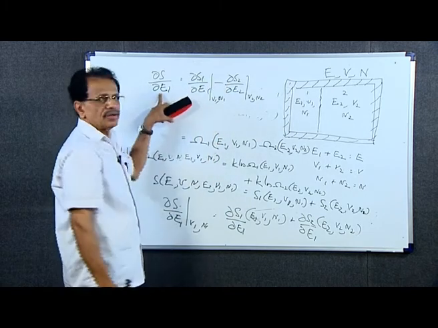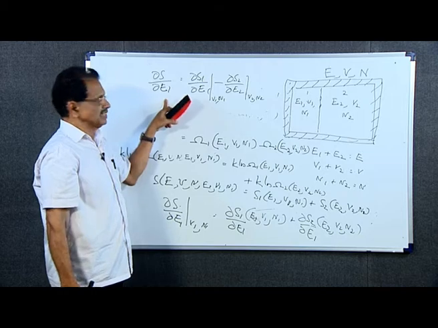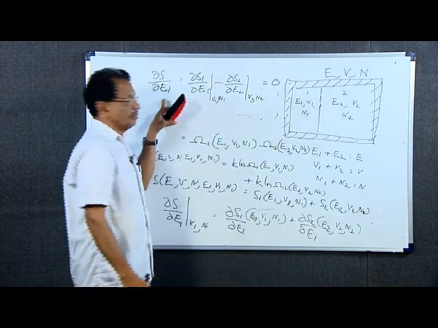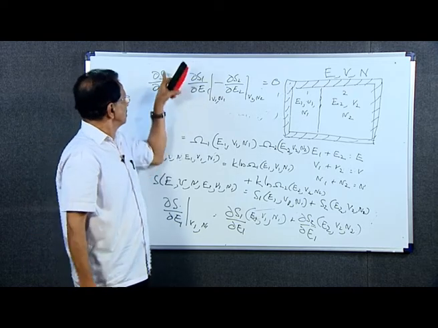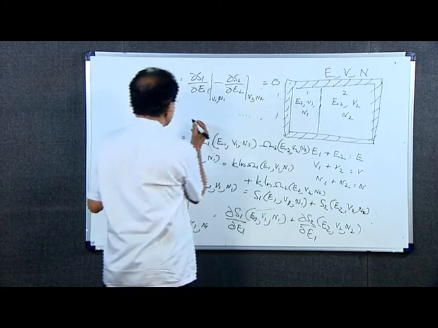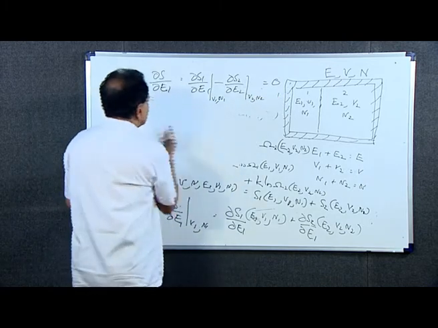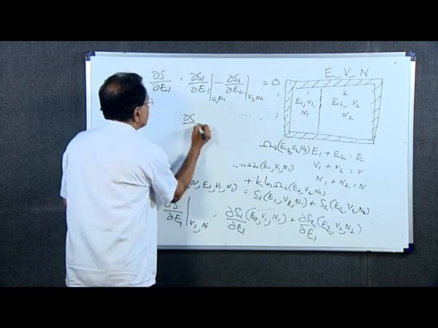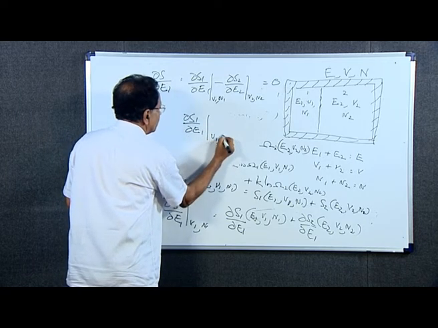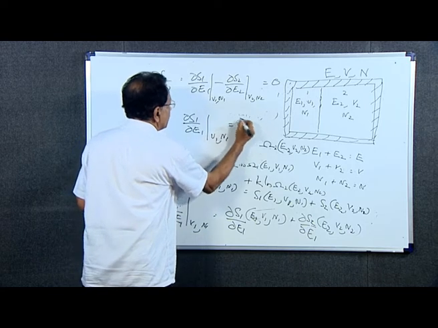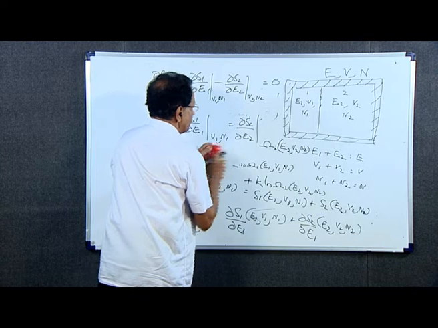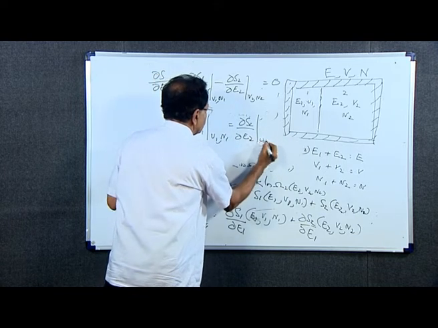According to the second law it is maximized, which means it is equal to 0. The system reaches equilibrium by maximizing the entropy, which means ∂S/∂E1 should be 0, which means ∂S1/∂E1 at constant V1, N1 is the same as ∂S2/∂E2 at constant V2, N2.